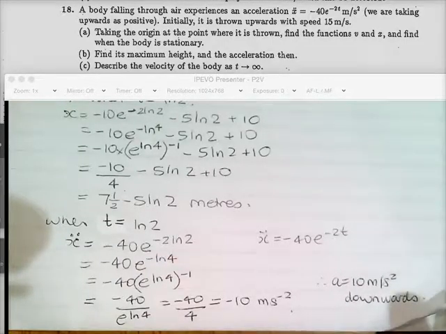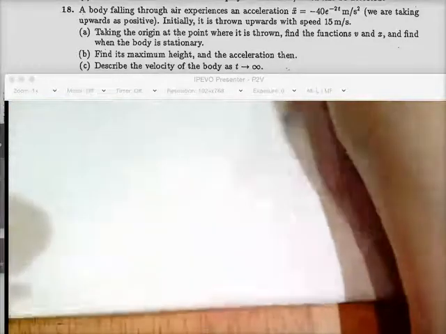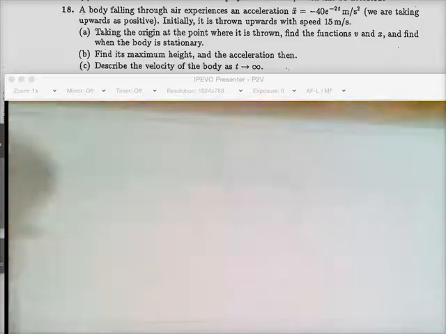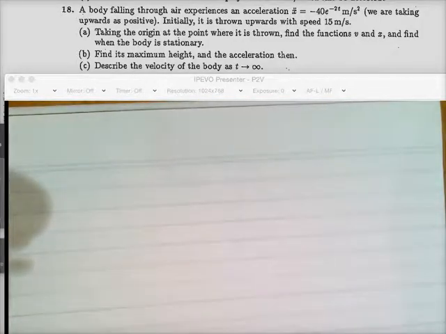Okay, and now for part C, is to describe the velocity of the body as t approaches infinity. So our equations are, I just have to get those equations.